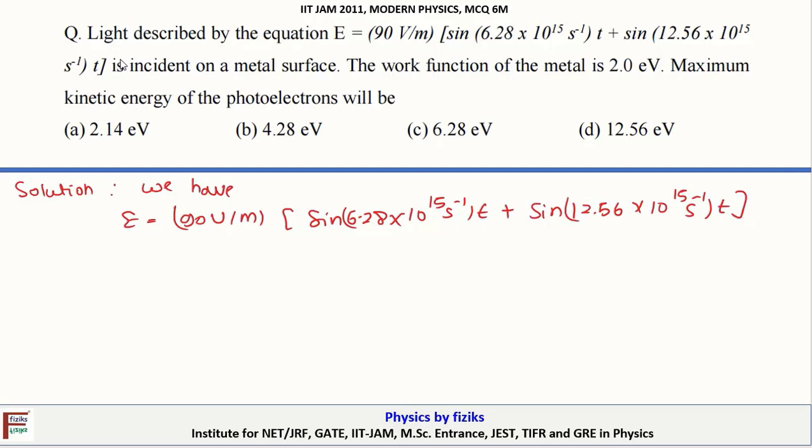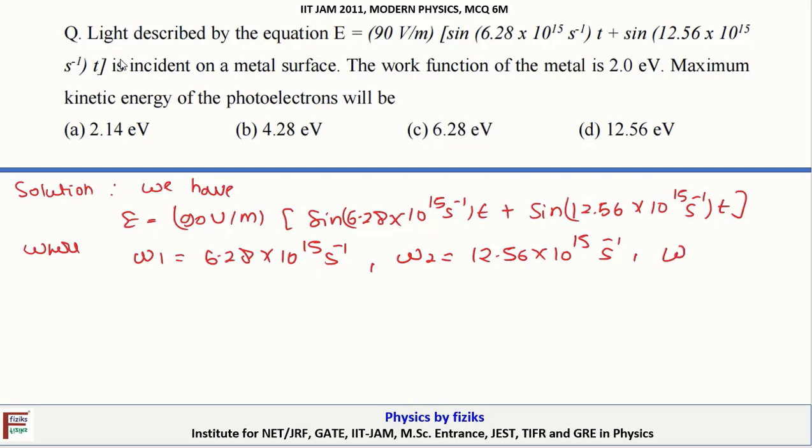We can write it down where omega 1 is equal to 6.28 × 10^15 second inverse and omega 2 is equal to 12.56 × 10^15 second inverse. Work function W0 is equal to 2 electron volt and E0 is equal to 90 volt per meter.